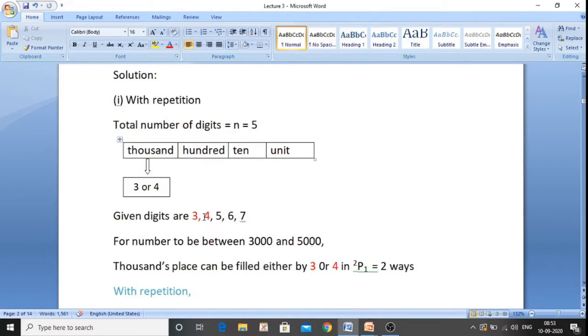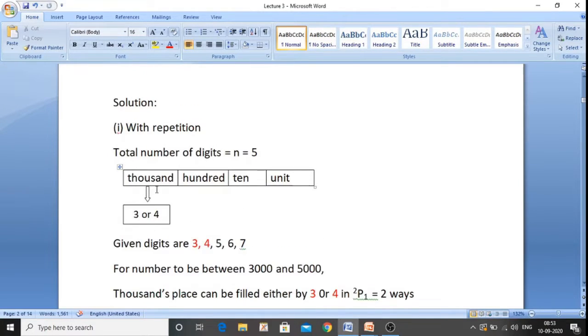But if I fill that place by 5, then that number will be 5000 something. So naturally that number will be greater than 5000. So all the digits either 5 or greater than 5 cannot come in this thousands place. So the thousands place can be filled by 3 or 4 from our given digits.